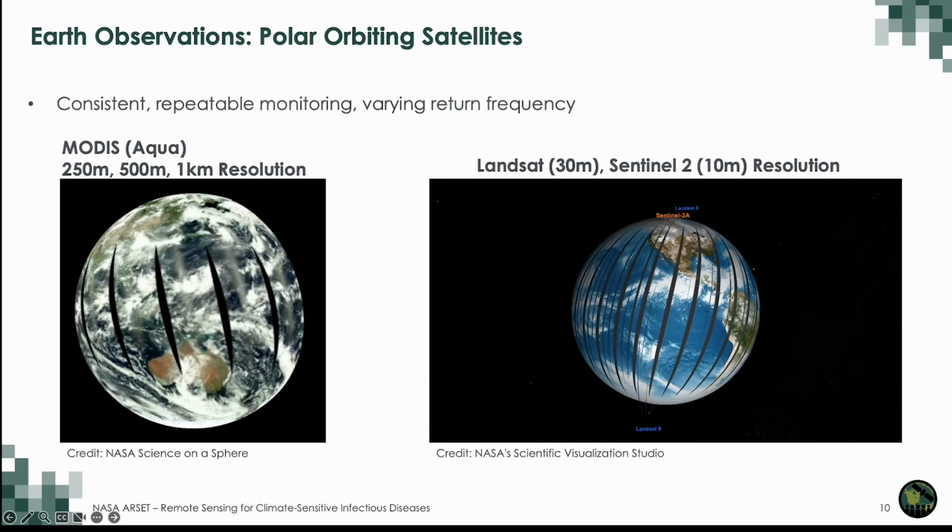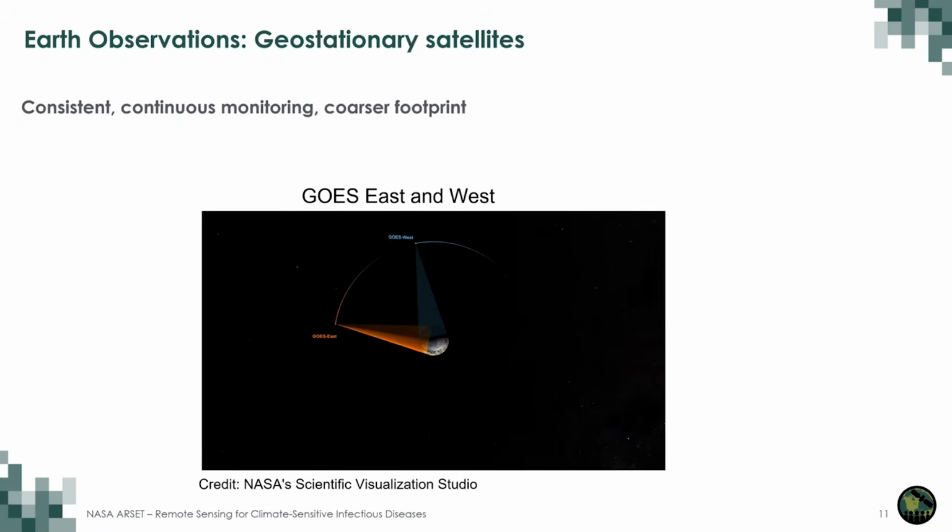The other type of satellites that we have in orbit are geostationary satellites. Those satellites, despite the title stationary, are really orbiting the Earth, but they're orbiting at the same speed as the Earth is rotating.